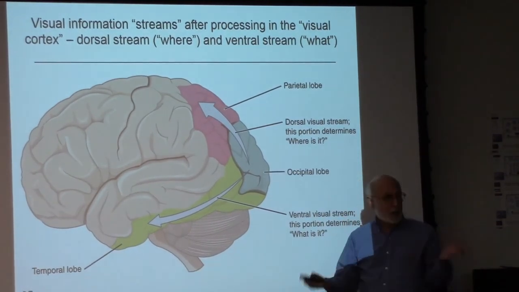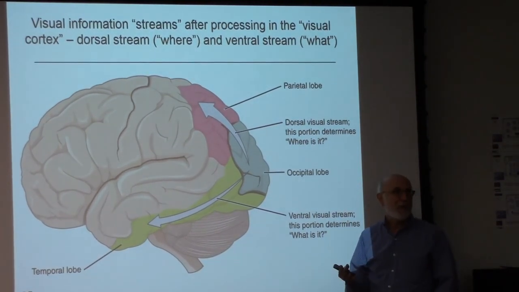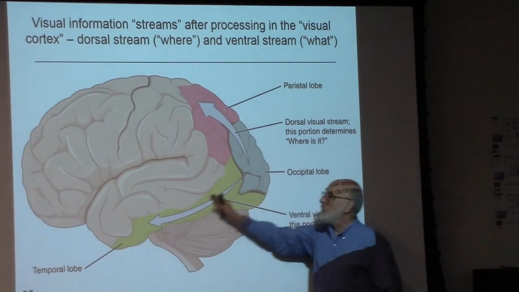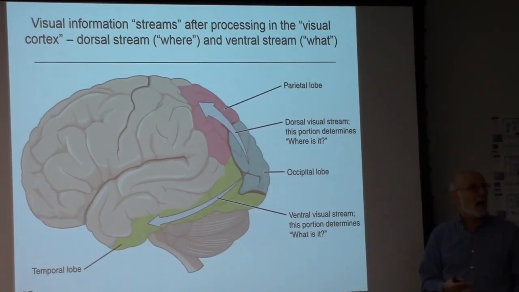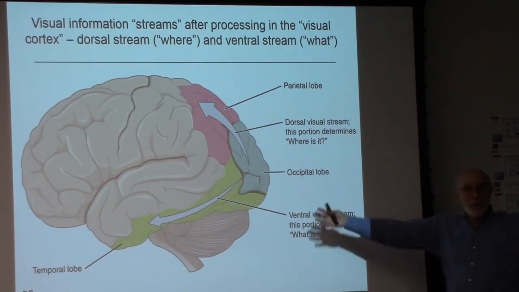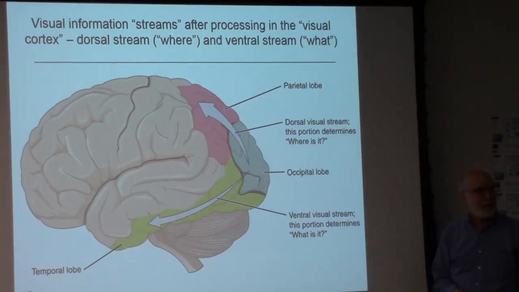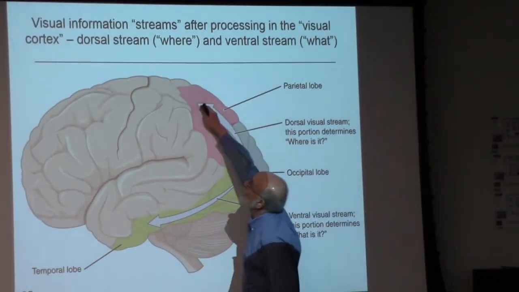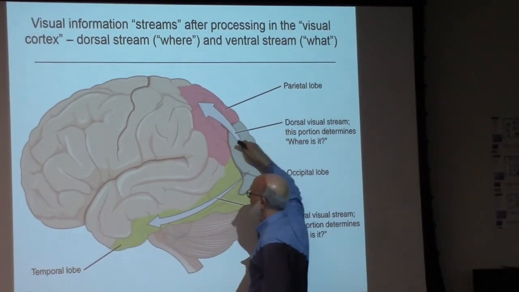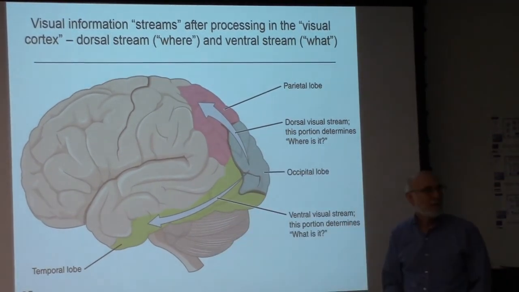I gotta do something. I'm not gonna wait for its hug. I'm using my ventral stream to determine that that's a bear, and that's dangerous, and I better respond, and not just by opening my arms and accepting the bear hug. Okay, so dorsal stream, where it is; ventral stream, what it is.